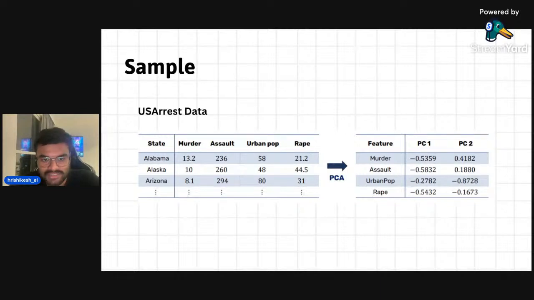Also, one more thing to be considered here is understanding. The other way is correlation, which we can see, but here we can understand murder, assault, and rape have a very similar kind of relation as compared to urban population.